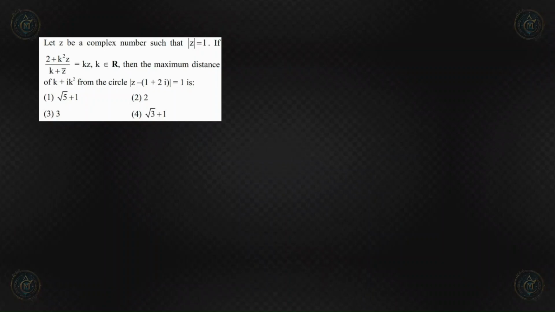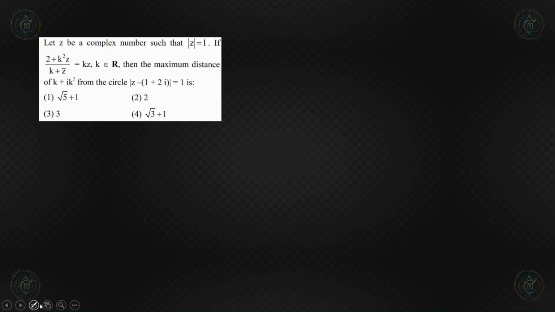So the first problem here we have: let z be a complex number such that mod of z equal to 1. So z lies at a distance unity from the origin of the complex plane. If (2 plus k square z) divided by (k plus z bar) equal to kz, where k belongs to R, then the maximum distance of k plus iota k square from the circle mod of z minus 1 plus 2 iota equal to 1 is what?